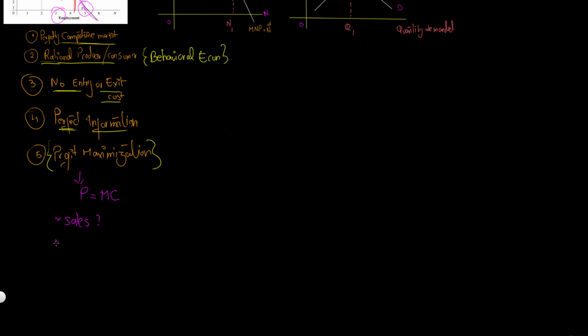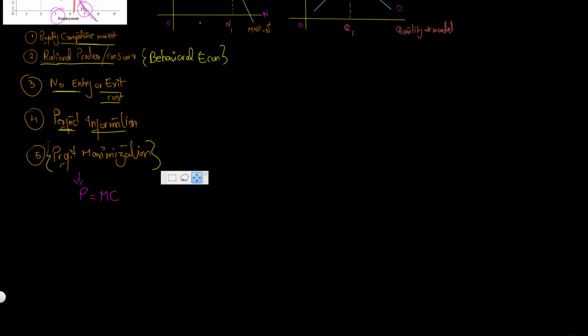Who knows, maybe they just want to survive. Right now, as I'm recording the video, with corona and the pandemic, most firms just want to survive. Different firms can have different short-term goals, but in a classical system we assume that all firms, at least in the long term, are trying to profit maximize.